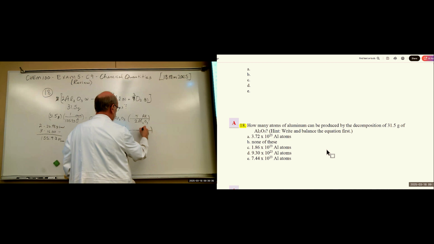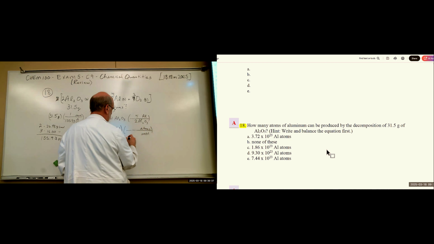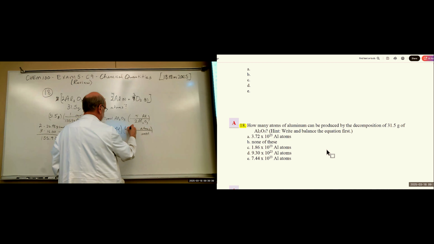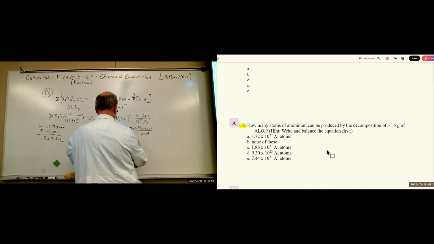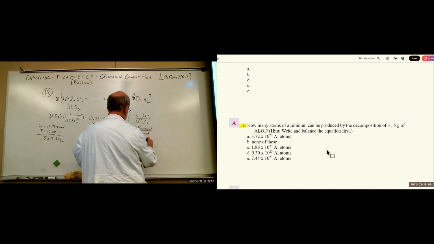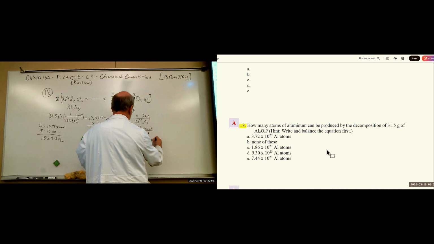And you have to remember this one. Avogadro's number. Okay. 6.022 times 10 to the 23rd. And that's 1.22 times 10 to the 23rd atoms of aluminum.